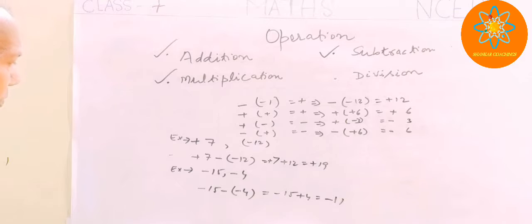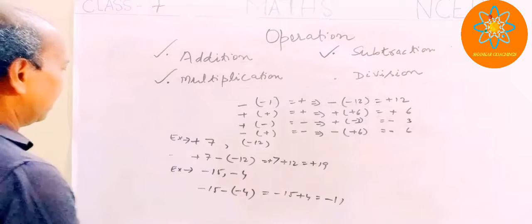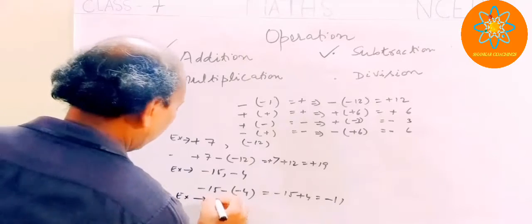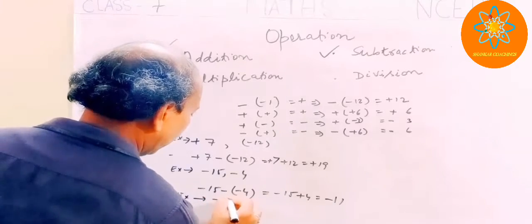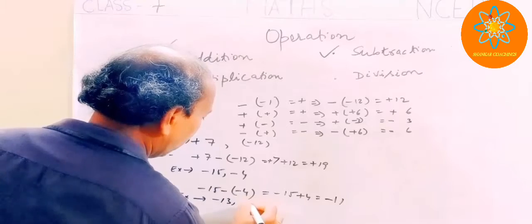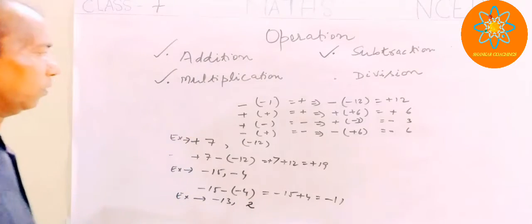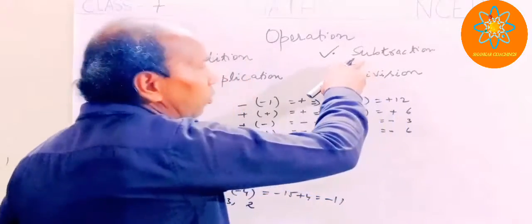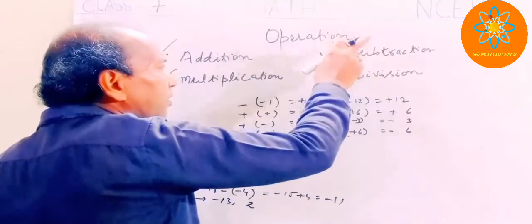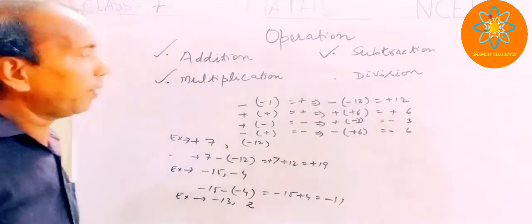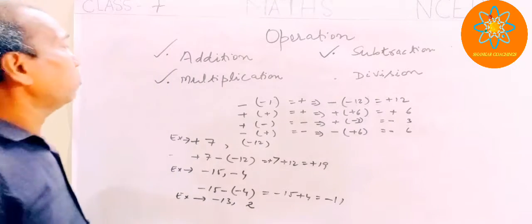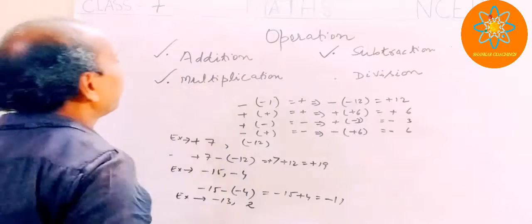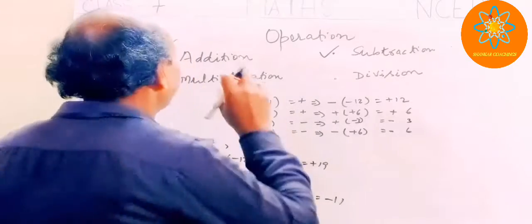So see, one more example I am taking, that is the last example. Let's suppose I have minus 13 and 2. I want to subtract this one. In the case of subtraction, if you want to understand how we subtract integers, then you have to apply the concept of multiplication as well as the concept of addition.